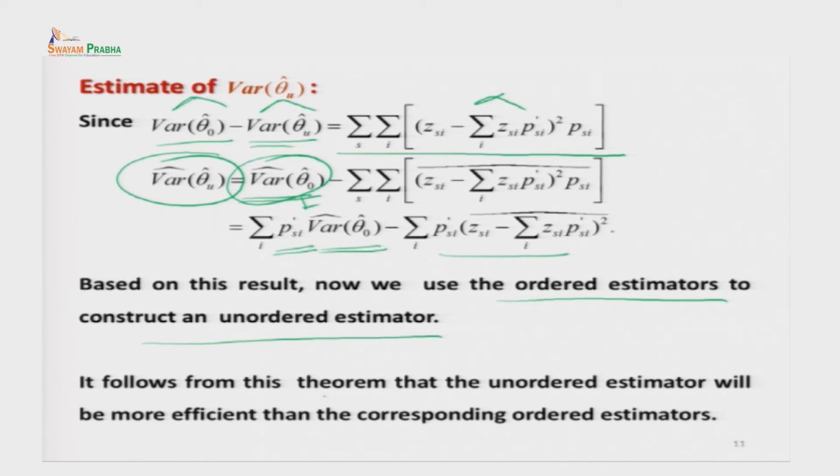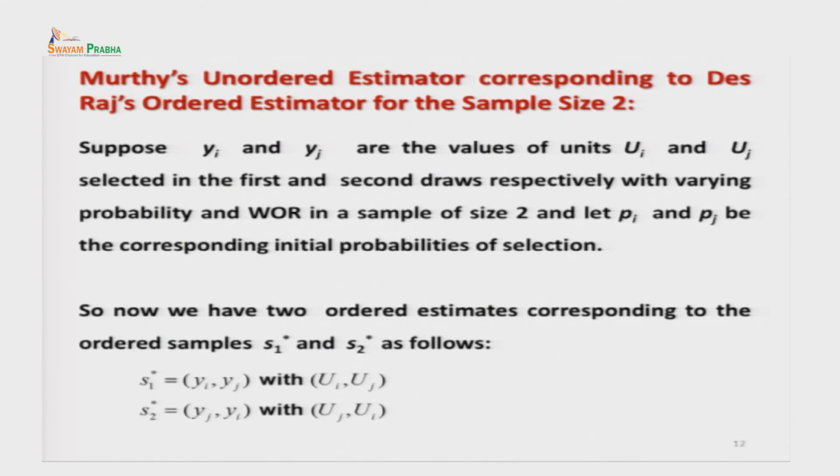And from this theorem we are now confident that if we follow this approach, they are going to give us a smaller variance and be more efficient, but they will have the same bias as the ordered estimator. So now we have an estimator which is called Murthy's unordered estimator, and this is based on the Des Raj ordered estimator. Up to now we have done only one methodology by which we can construct the ordered estimator, that is the Des Raj estimator.